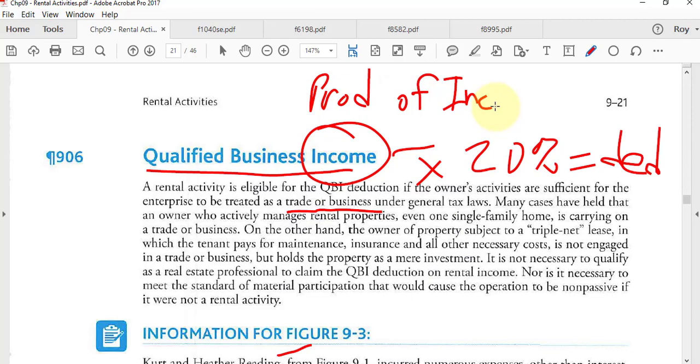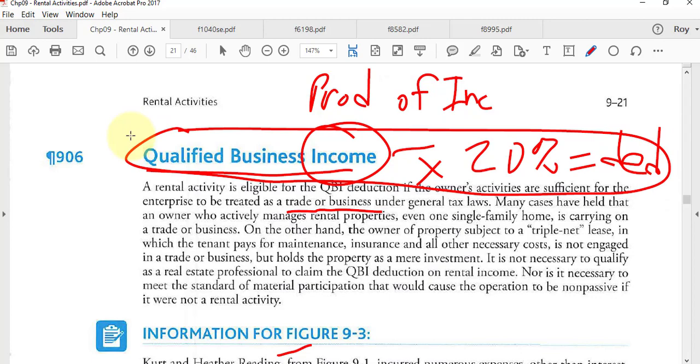Even though the landlord may spend a lot of time with their properties, they're not considered to be so-called active income or materially participating.